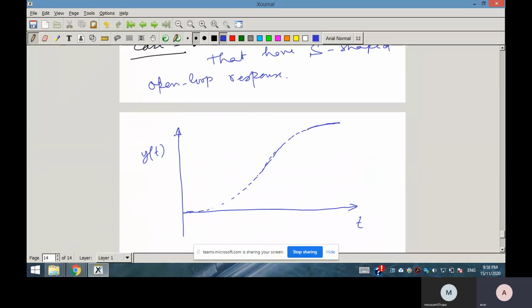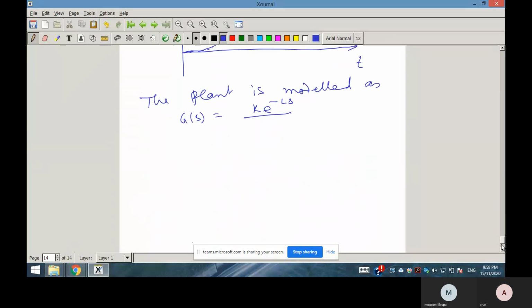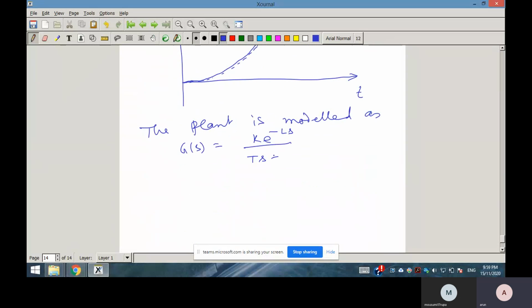So this kind of response. Most process systems are very slow systems, so they have this kind of characteristic. This S-shape characteristic can be modeled as the plant G(s) equal to K e to the power minus Ls divided by Ts plus 1.